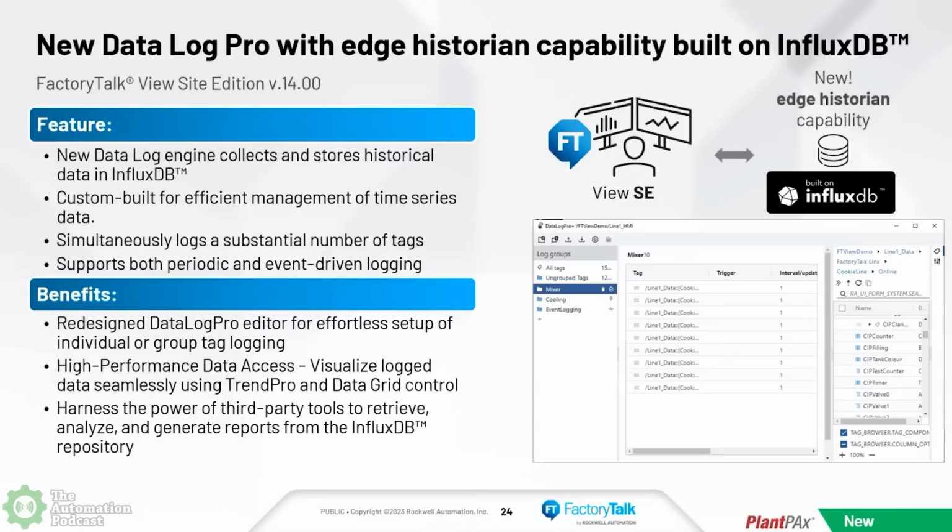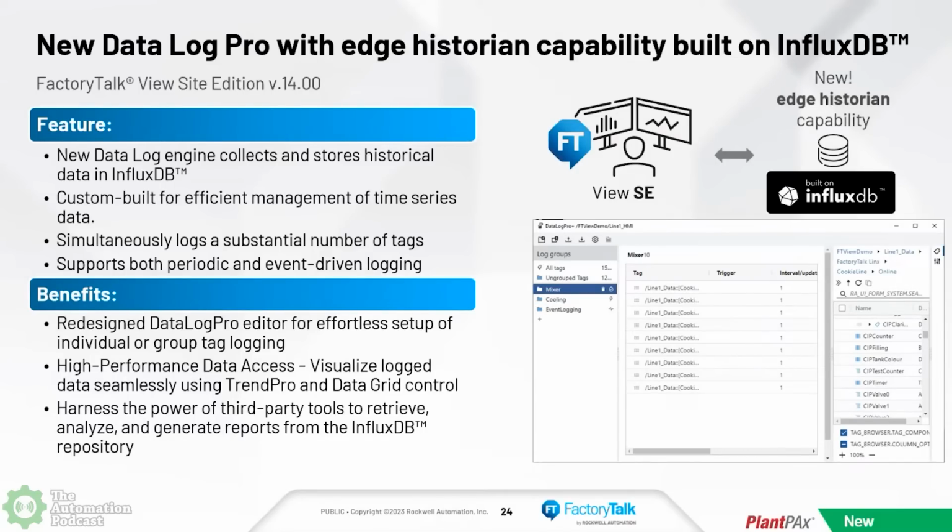Essentially what we did is we added a new data model to VueSC, which is the new Datalog Pro, an engine that collects and stores historical data in InfluxDB, custom built for efficient management of time series data. If you think about how other historians store data, they might go to a relational database. This is specifically targeted at time series data, and being able to do that a lot better.